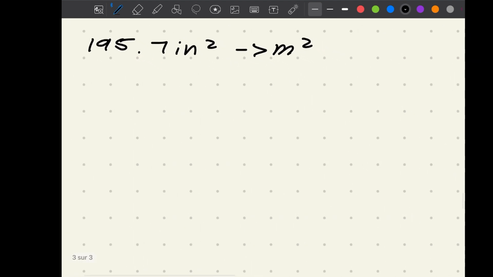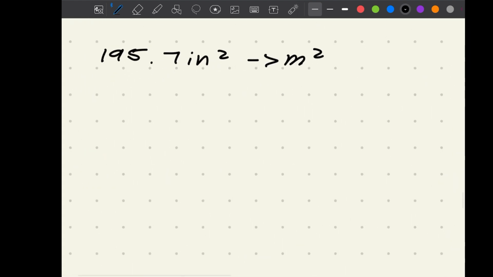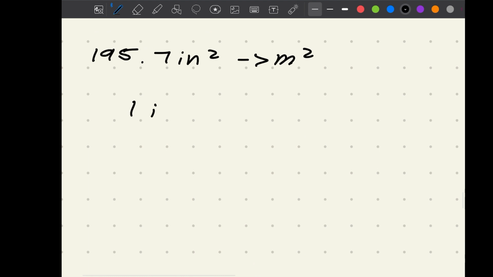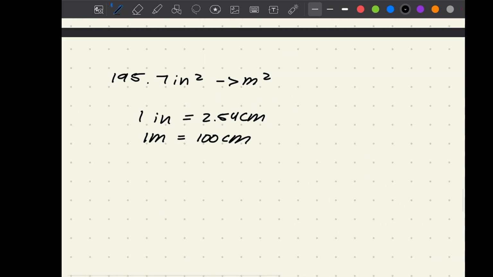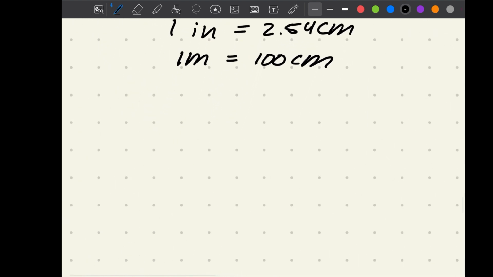So we need to figure out a few conversion rates first. So 1 inch, as we saw in the previous problem, is equal to 2.54 centimeters. Now we also know that 1 meter is equal to 100 centimeters. So these are the only two conversion rates we really need for this problem.